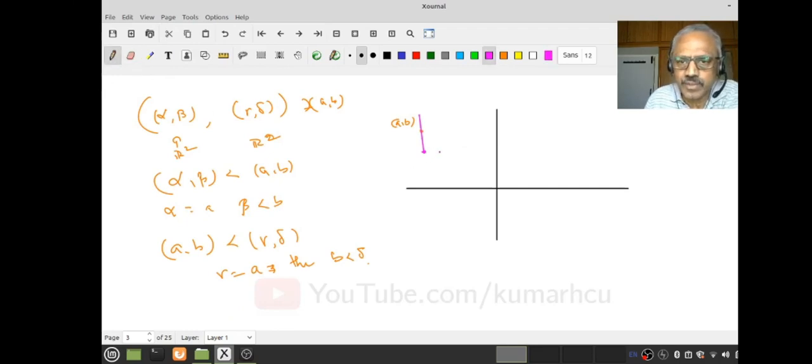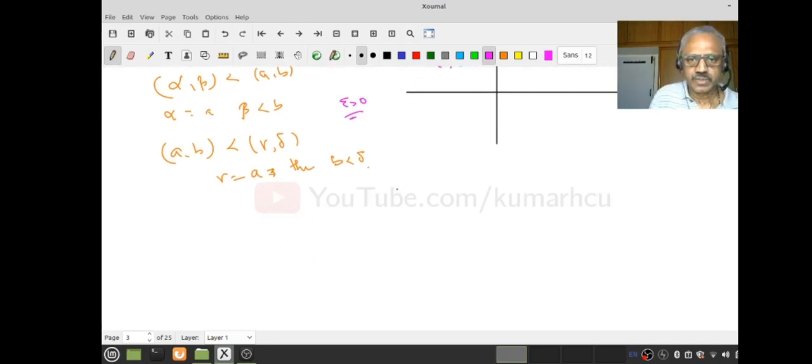So that could be (a, b minus epsilon) and (a, b plus epsilon) for any epsilon positive. So my (alpha, beta) is (a, b minus epsilon), because beta should be less than b, and gamma equals a, therefore delta should be strictly greater than b, make it b plus epsilon. So these are the basic open sets.